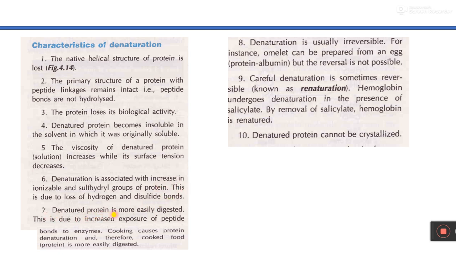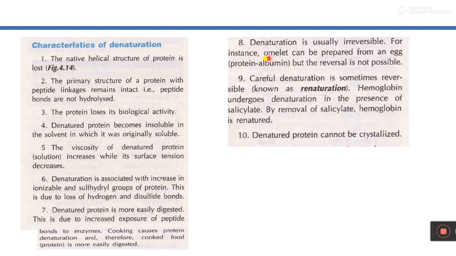Denatured protein is more easily digested. This is due to the increased exposure of peptide bonds to enzymes. Cooking causes protein denaturation, and therefore cooked food is more easily digested. Another important characteristic is that denaturation is usually irreversible.